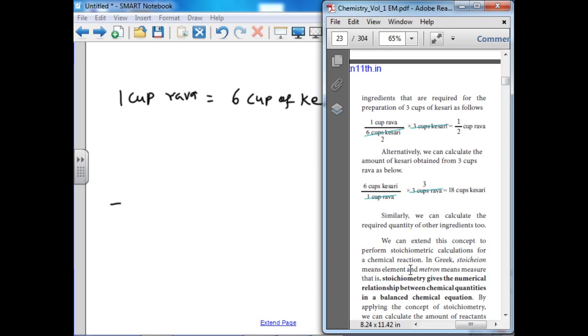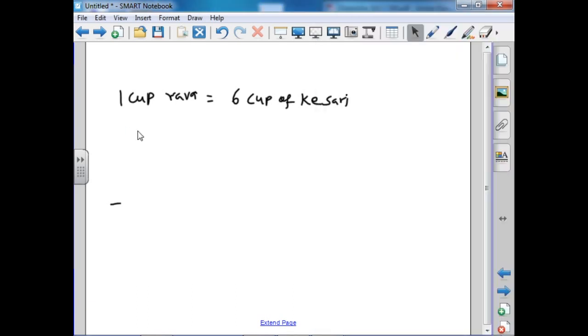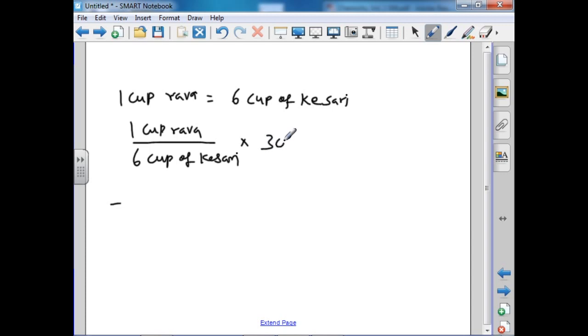So how much of the ingredients is needed to prepare 3 cups of kesari? So 1 cup of rava divided by 6 cups of kesari, multiplied by 3 cups of kesari, equals half cup of rava. That means we only need half cup of rava to get 3 cups of kesari.